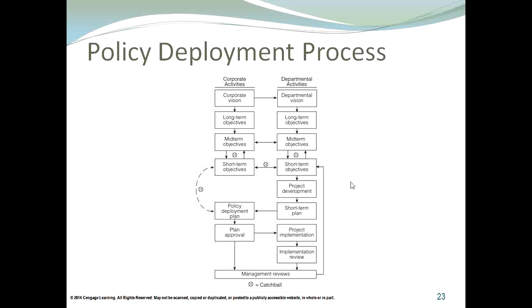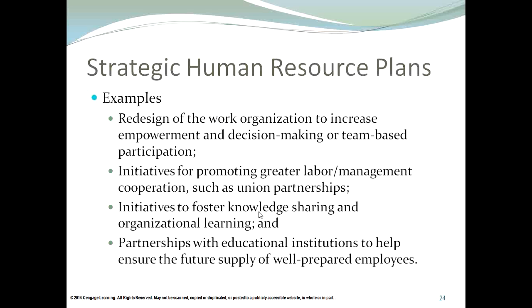As you can see, the catchball point is between the short term. This is called the catchball point, that is, policy deployment to the short-term objectives, and then between the short-term and the mid-term objectives you have this catchball, where the mid-term objectives and short-term objectives are made, as you can see in this picture also.